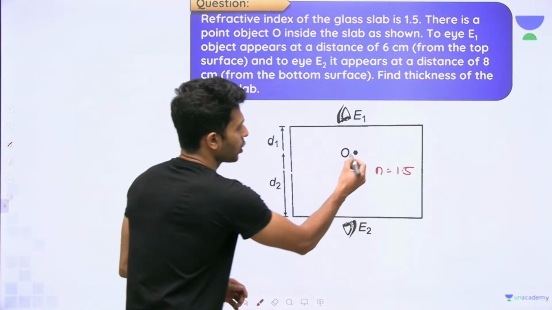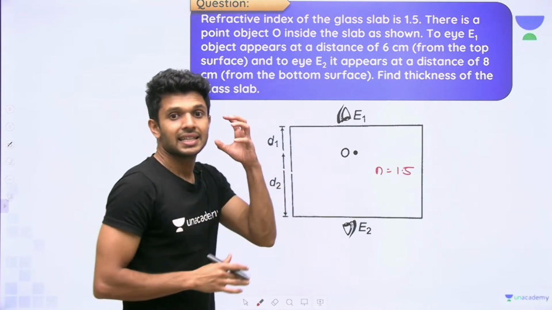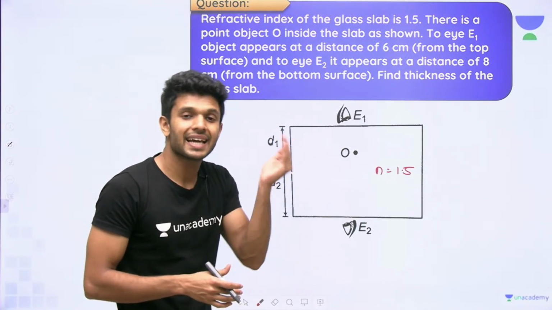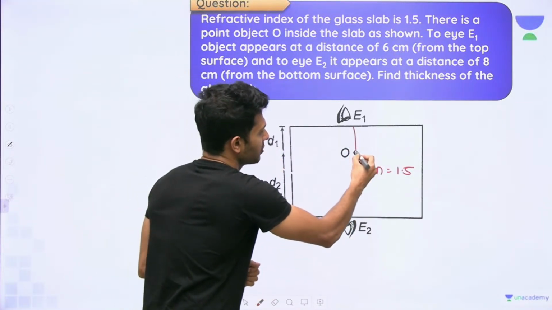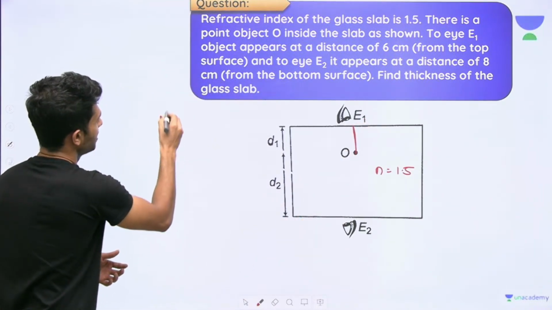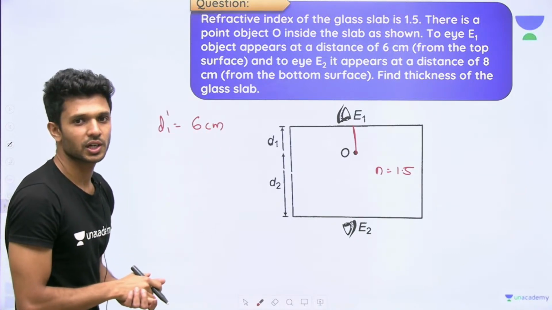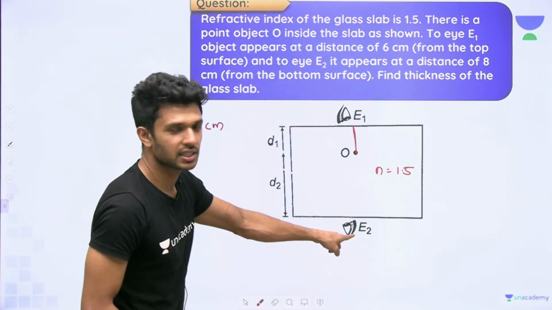If this object is viewed by this E1, right, the distance appears, that appearing distance is what we call as apparent depth, है ना? So the apparent depth when it is being viewed by the first eye, how will you write? D1 dash is equal to 6 centimeter. Okay, no problem in that, I suppose. And to IE2, can you see this IE2?